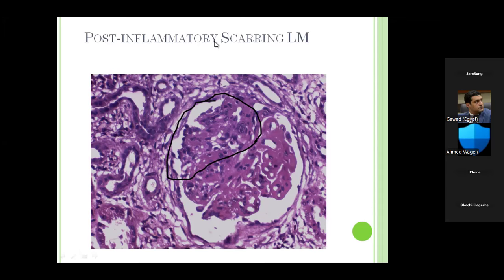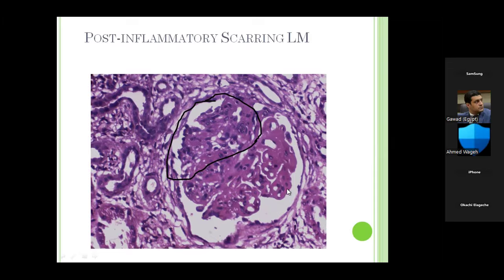If you can comment on the mesangium, comment on the capillaries. Can anyone comment on any compartment or any segment of this glomerulus? I can help if you need. You can ask targeted questions, Sarah. What about this glomerular basement membrane?